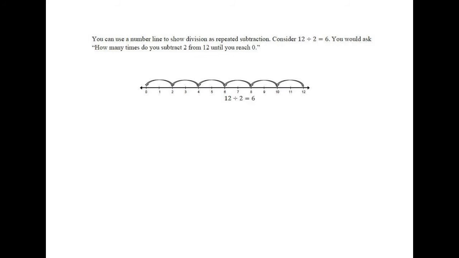You start at 12, and then you go down 2 spaces, and then 2 more spaces, 2, 2, 2, 2. So how many hops did we take? There's 1, 2, 3, 4, 5, 6 hops. So it took us 6 jumps of 2 to get back down to 0.